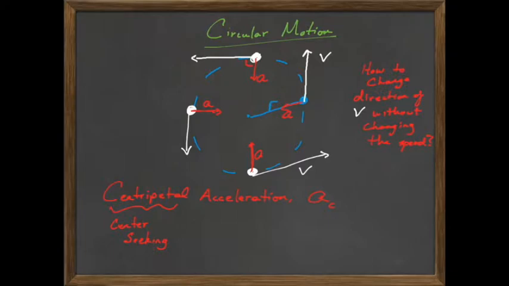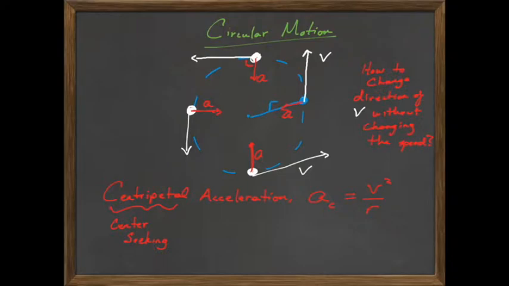If we did some quantitative analysis on something moving in a circle, we would find that the centripetal acceleration is equal to the velocity that's tangent to the curve, squared, divided by the radius of the circle. That tells us the centripetal acceleration of an object moving in a circle.